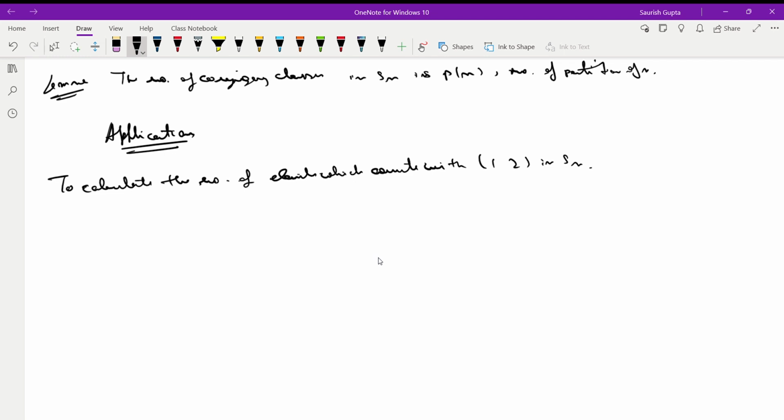First thing first, all the permutations in Sn which have 1 and 2 fixed will commute with this permutation. Let this be sigma. All tau in Sn such that tau sends 1 to 1 and 2 to 2 will commute with sigma.